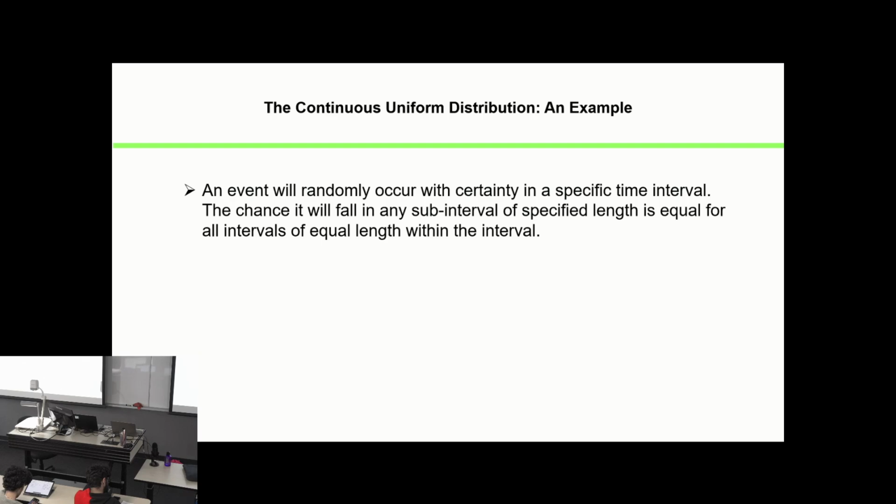Okay. So, anyhow, it's going to occur between 5 p.m. and 6 p.m. Now, what we're saying is you have no reason to think that any particular interval of time is more likely than the same interval of time to have the doorbell ring.